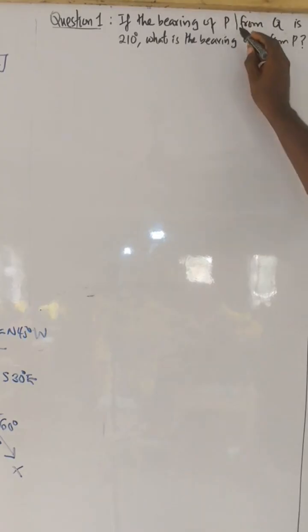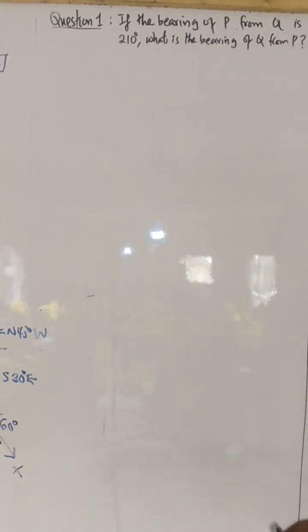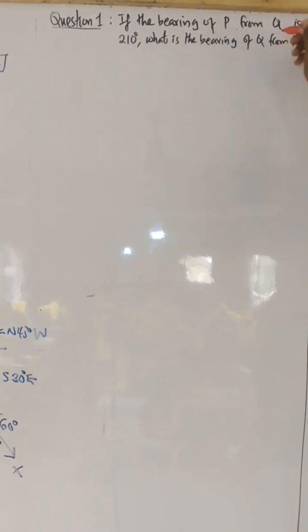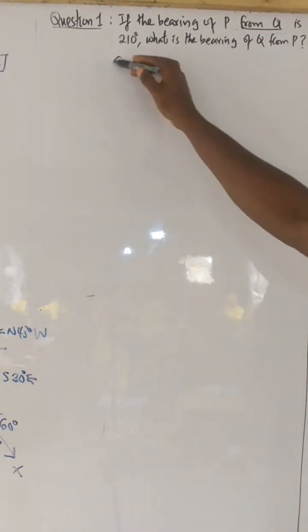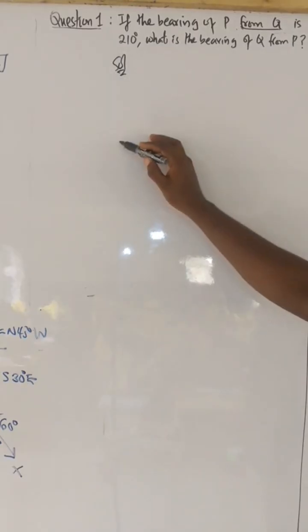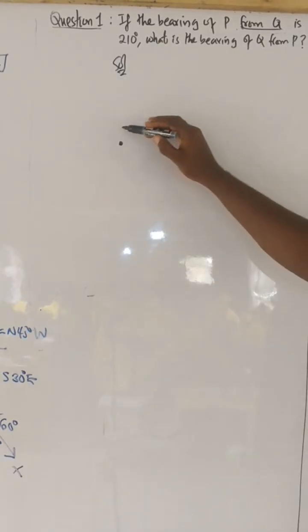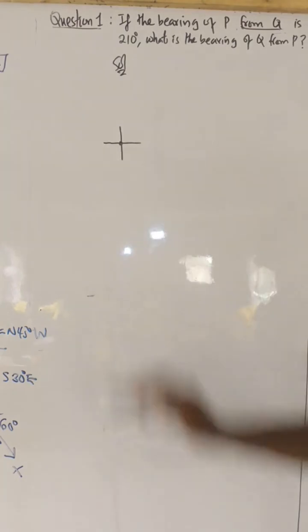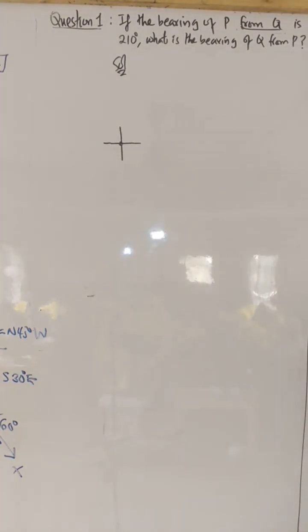Here, the question says from Q. So from Q, it means your origin is Q. So let's say this is Q. On this point, draw the vertical and horizontal axes.